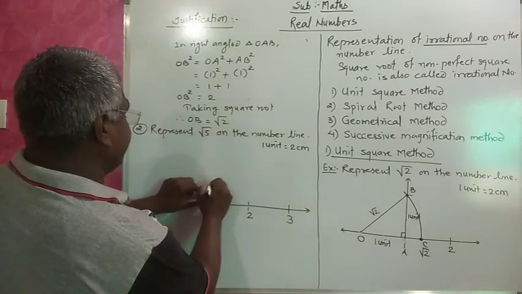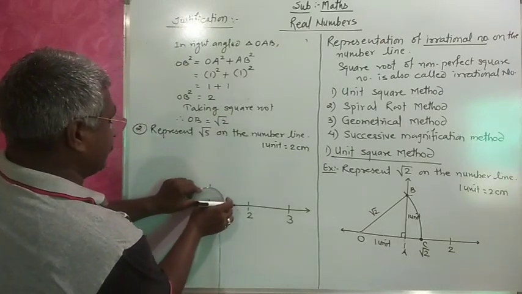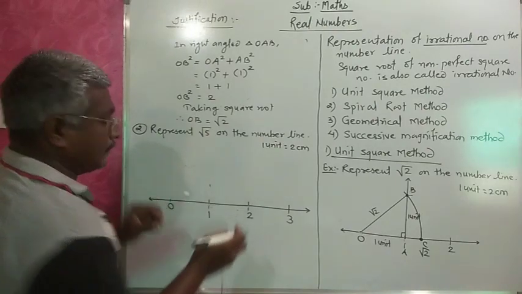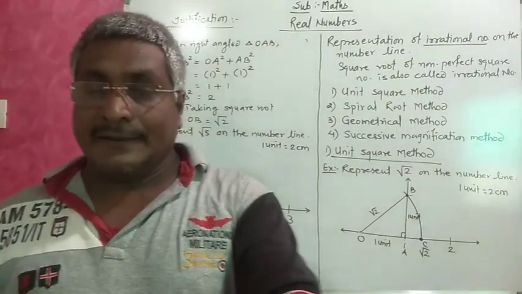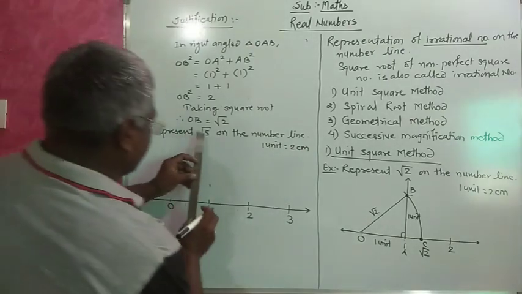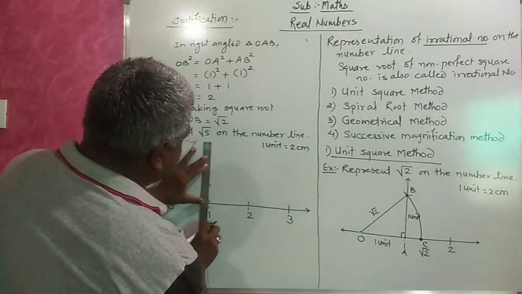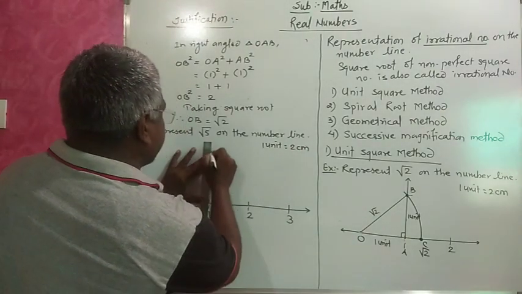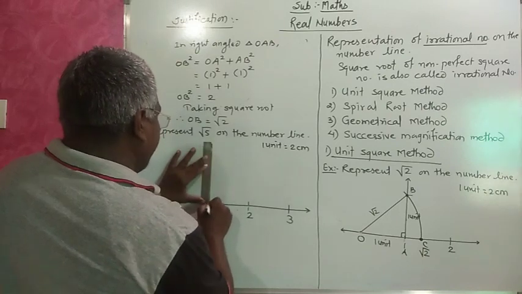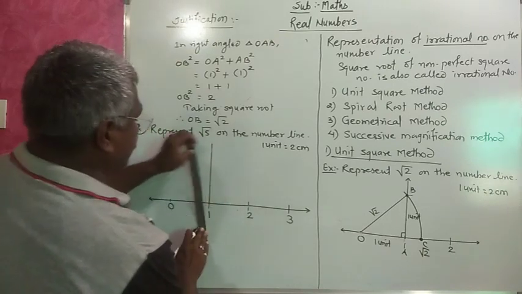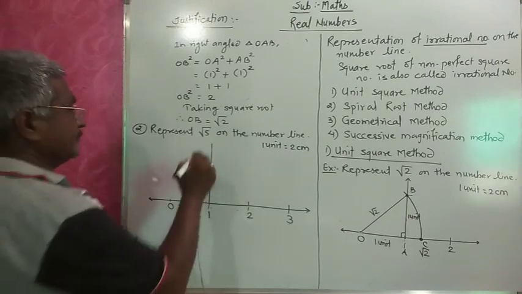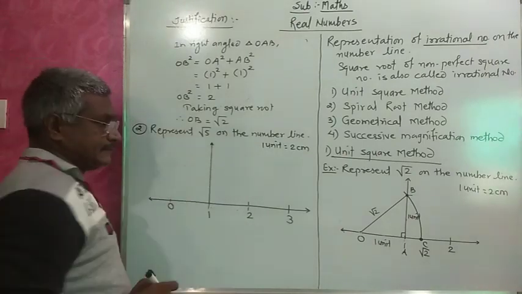Mark it 90-degree. After marking, all the things have to be done with the help of a scale. The pencil should be sharp, don't forget. It is a construction part.